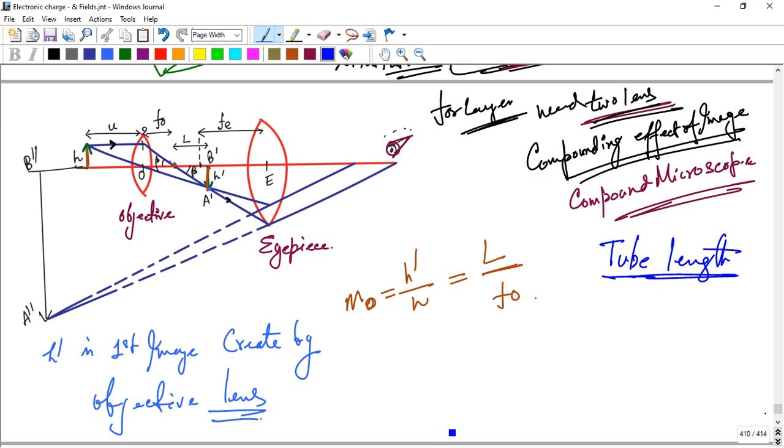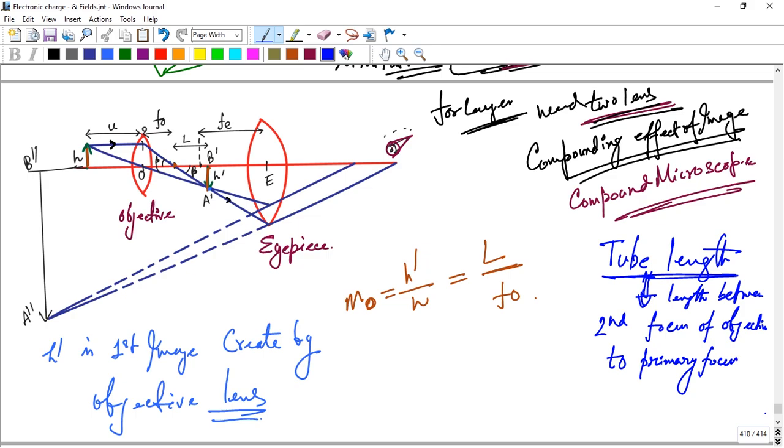Tube length is the length between the secondary focus of the objective lens and the primary focus of the eyepiece. This is called the tube length of a compound microscope.